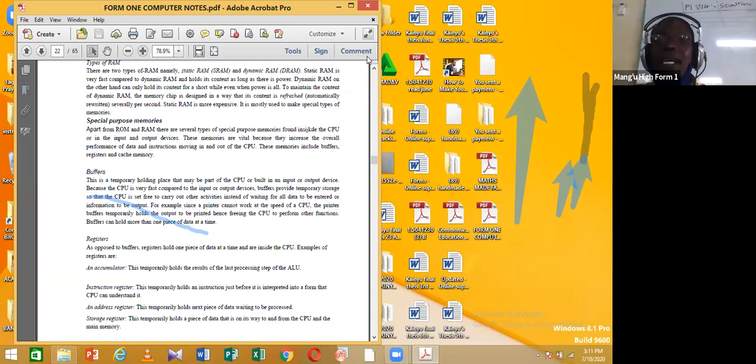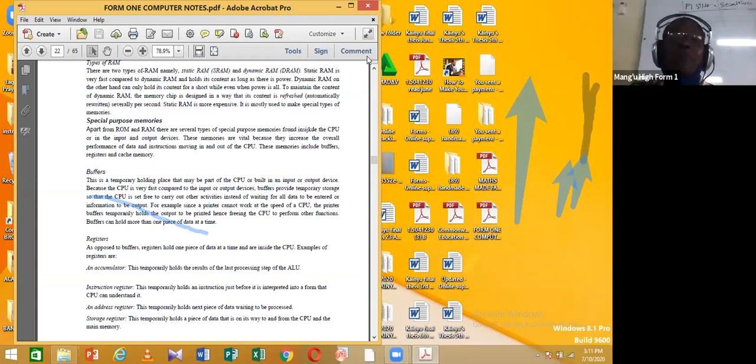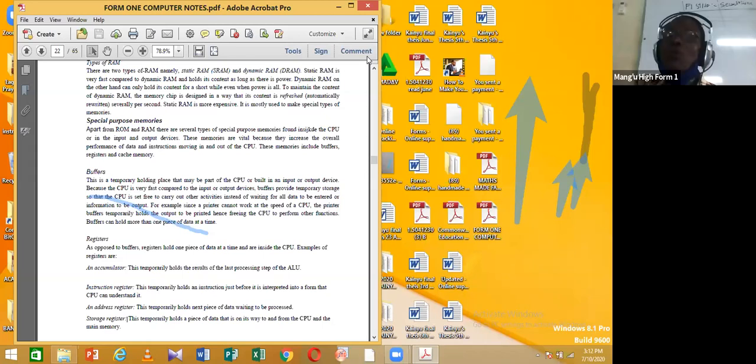What happens? This mass of data will be placed somewhere else to allow the CPU to continue. If this data is for printing, then the printer will have a buffer temporarily holding it so that it can free the CPU to continue with its other functions.